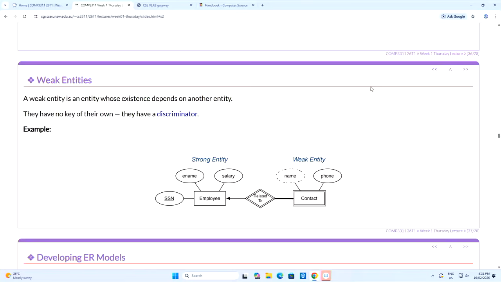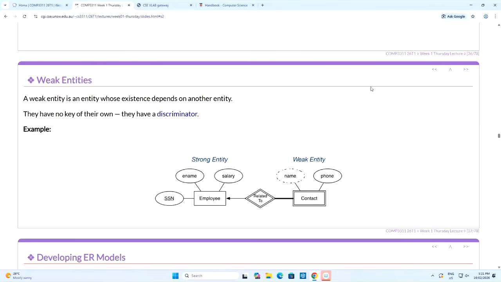And maybe Jerry had two contacts, and then Tom had another two contacts, and they may have contacts of the same name. So Jerry has Alice and Bob, and then Tom also has Alice and Bob, which means the discriminator may not be unique. So to uniquely identify the weak entity, we need to combine that part with the primary key of the strong entity that it is associated with.